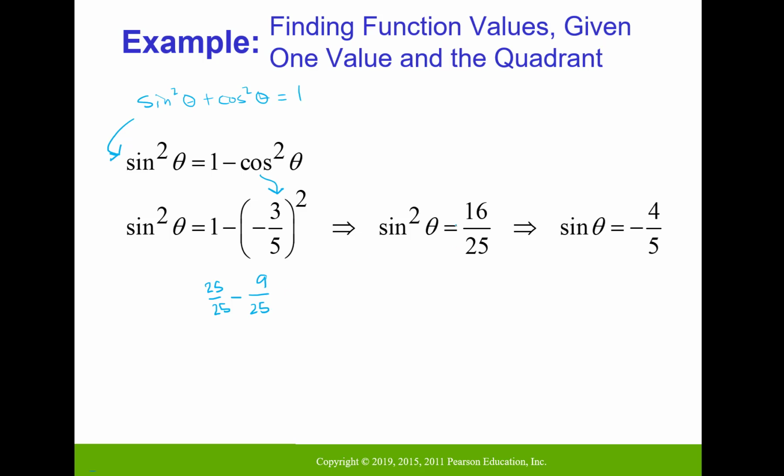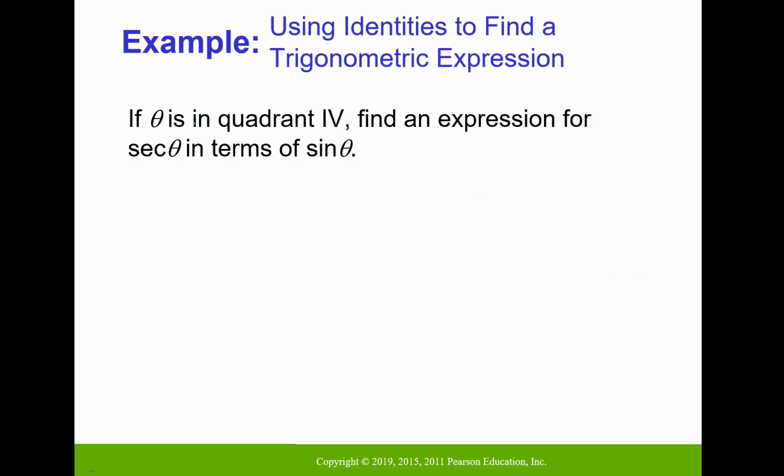And so we would get sine squared is equal to 16/25. And if we take the square root of both sides, we'll get sine. And remember, we are in quadrant 3, so we're going to take the negative value, and so sine will be negative 4/5.